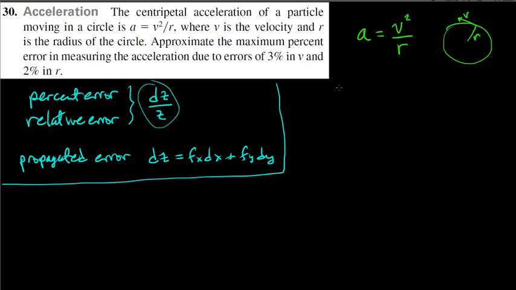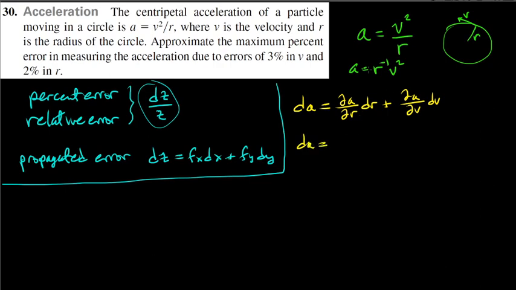So what do we need? Well, we need dA first, and then we'll divide by A. It might be helpful to think of this A as just r to the negative 1 times v to the positive 2. So partial of A with respect to r times dr plus partial of A with respect to v times dv.